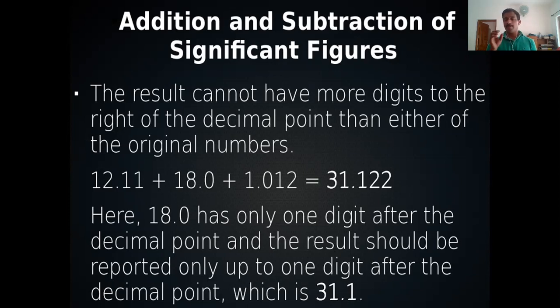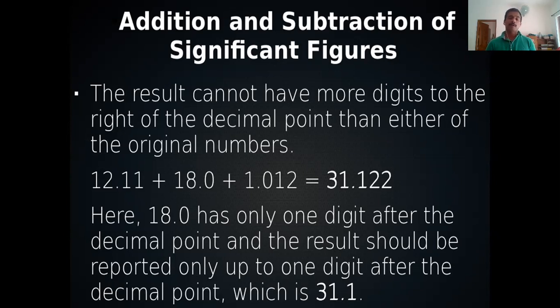If so, when you add this number to any other number, the result also should have only one digit after the decimal point. When we say it in this way, it may not be clear to you. See the example, then it will be clear to you.